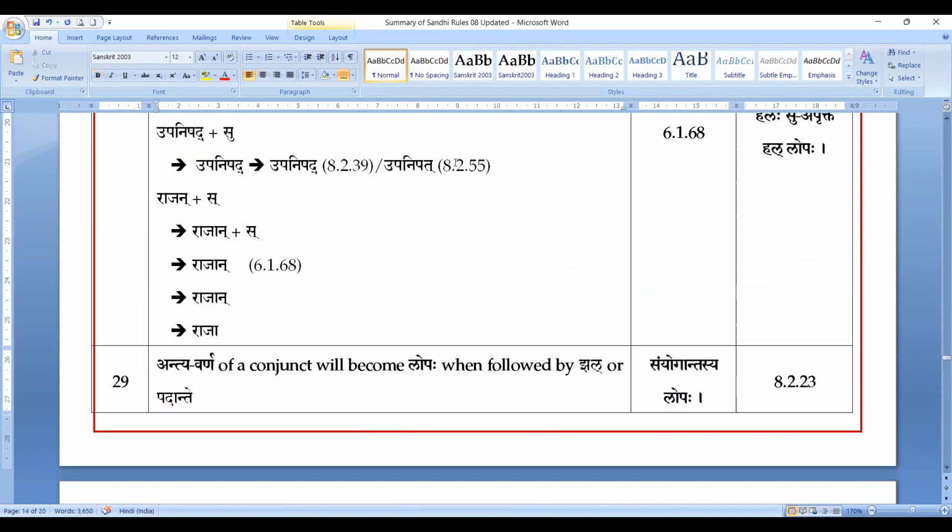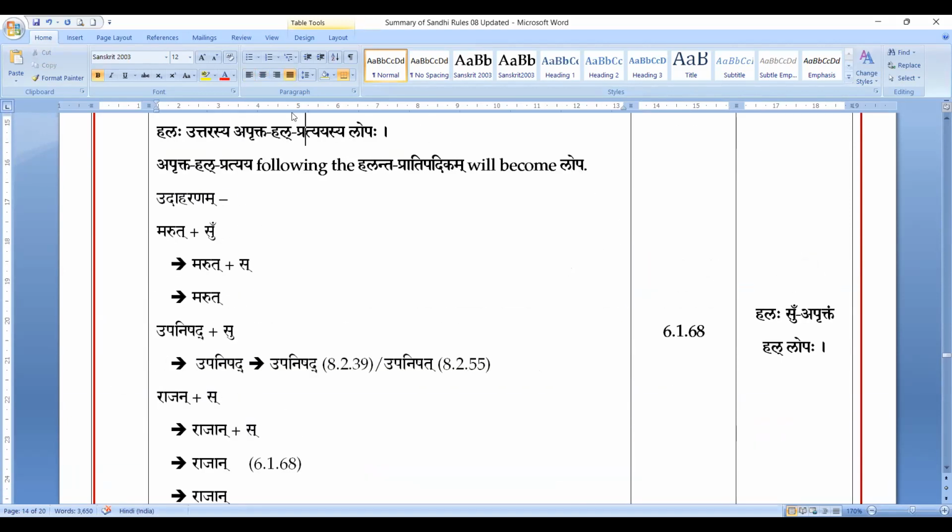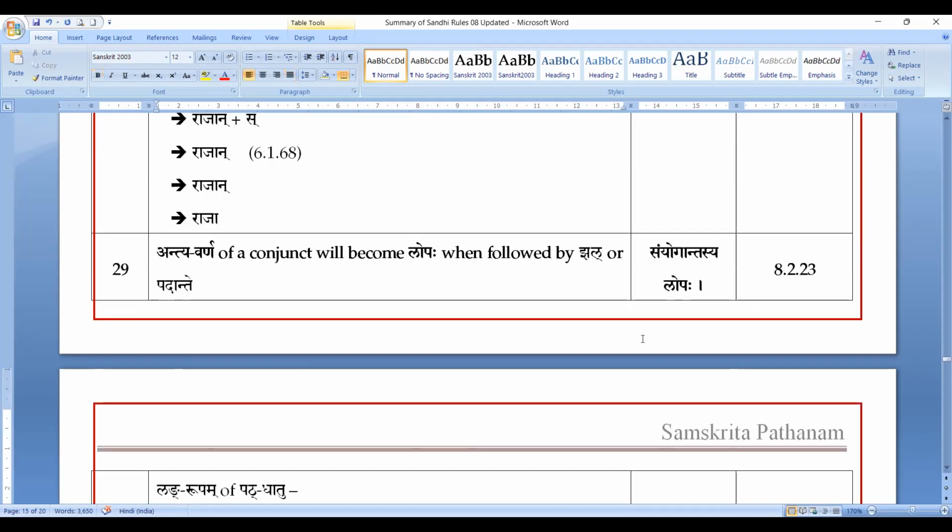That is why, even though this is not a Sandhi Vidhi, I have included it. Later we are going to see Subanta, and that time it would be easy. So don't get confused why it is included here. It is included just for the sake of our understanding of this Sanyogantasya lopa, which is what we are interested in now.